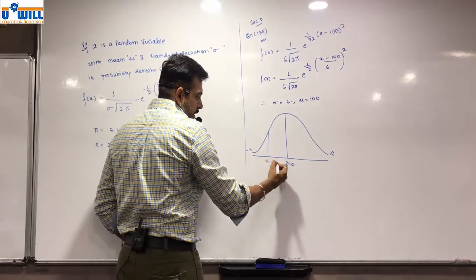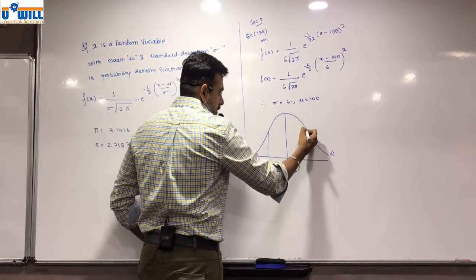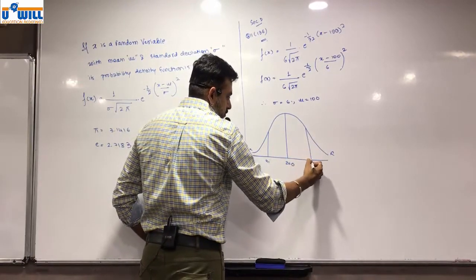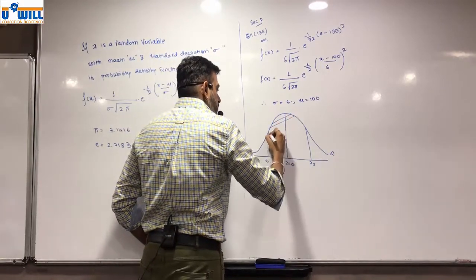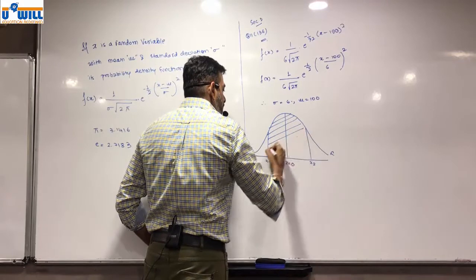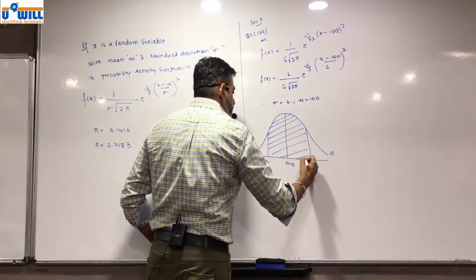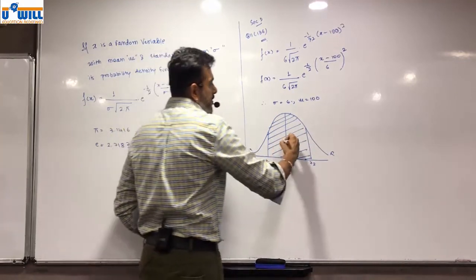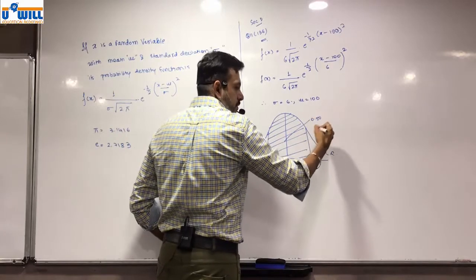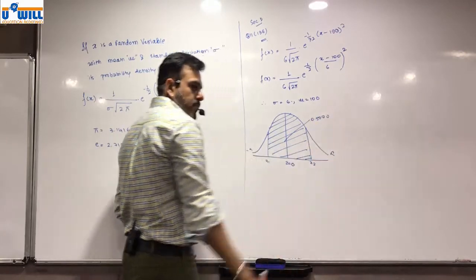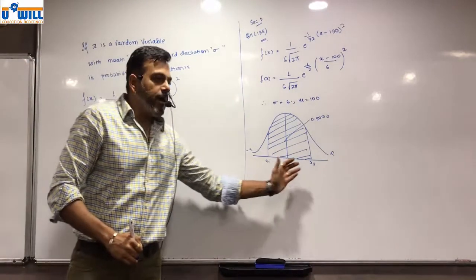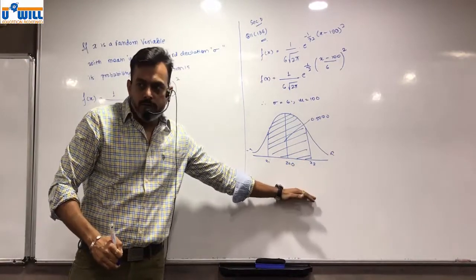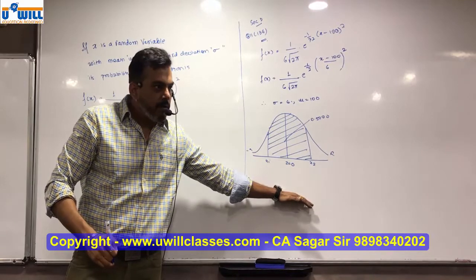Say this is x1 and this is x2. I want to find estimated value of middle 50% observation. Can I say this area is 50%? Now what I have to find? I have to find the value of x1 and value of x2. Understood this? Okay.